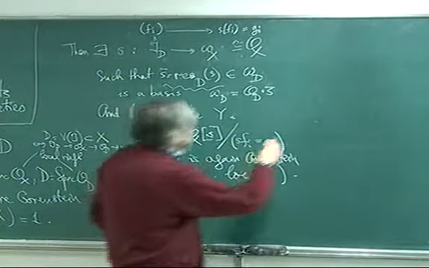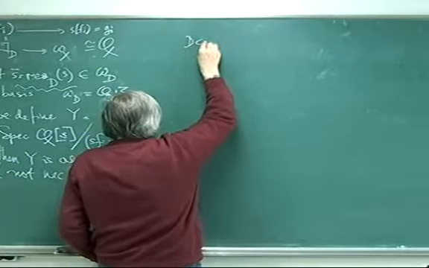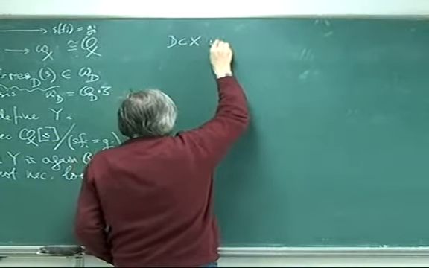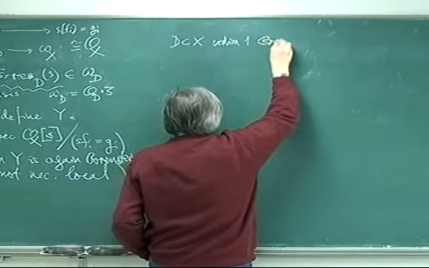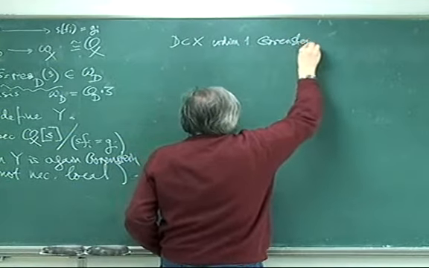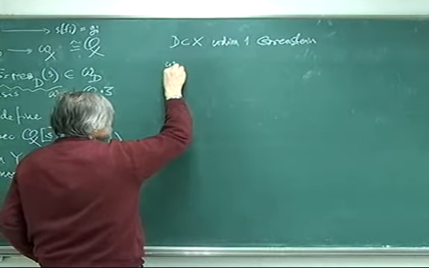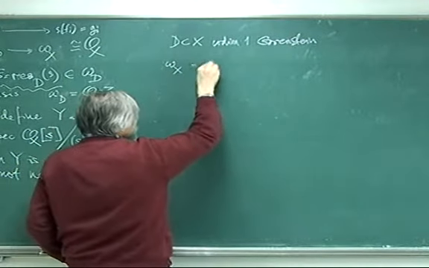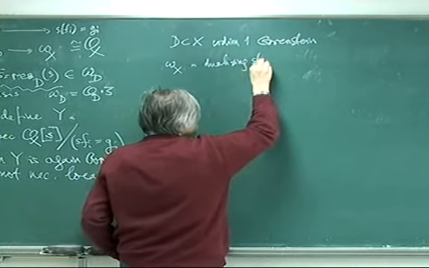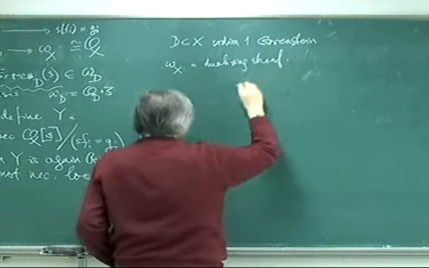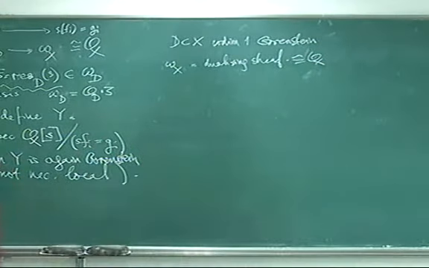Anyway, D in X is codimension 1 Gorenstein. So there is a dualizing sheaf omega X, which is isomorphic to OX, of course. And what does it mean to have a dualizing sheaf?